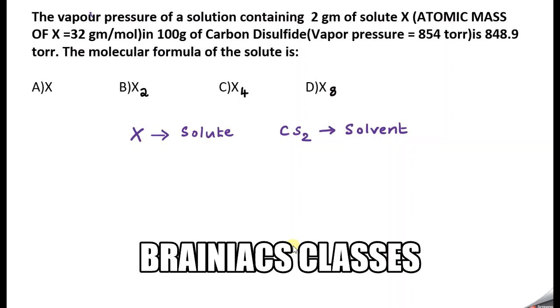That is, there is 100 gram of carbon disulfide present, and the pure vapor pressure of the solvent is given as 854 torr, correct? And the solute, how much gram is present? 2 gram is present. Now what they are asking you to calculate is the molecular formula of the solute.